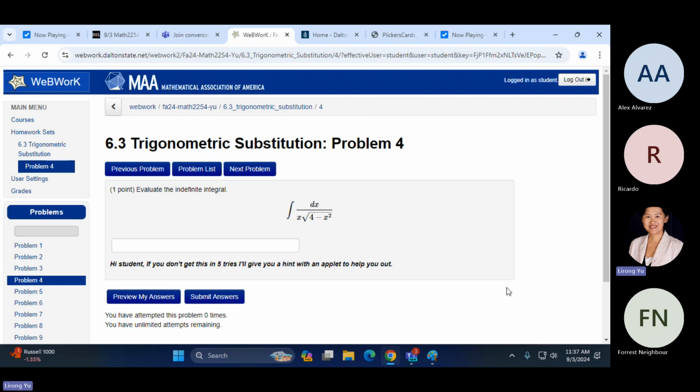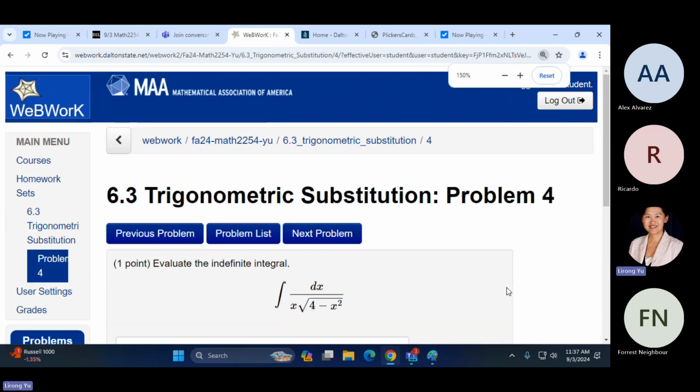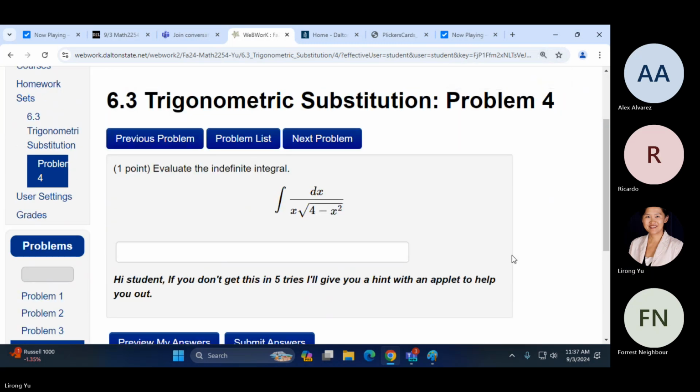You have a similar one like this? So it's 4 minus x squared, so we should do a sine substitution. We would make x equal to sine theta.